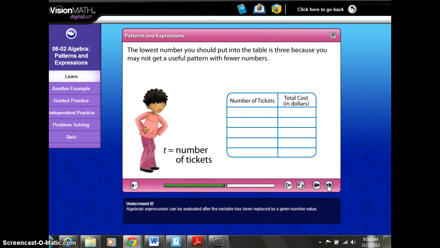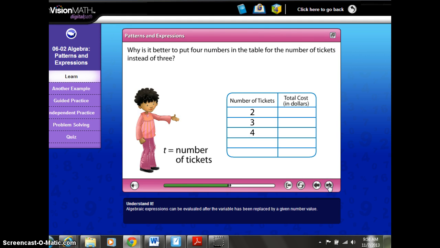Well, if one ticket is $4, how much would 2 tickets be? $8. How about 3 tickets? $12. How about 4 tickets? How about 5? Okay, so if she tells us how many friends, we can easily, by looking at this table, figure that out, right?